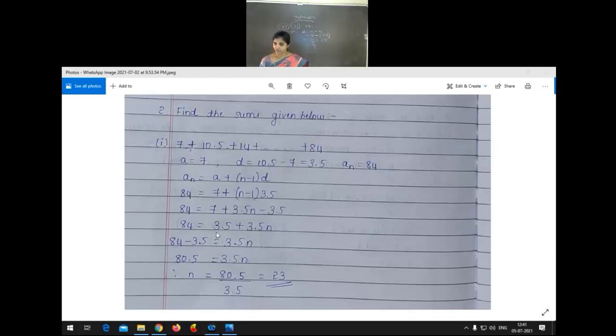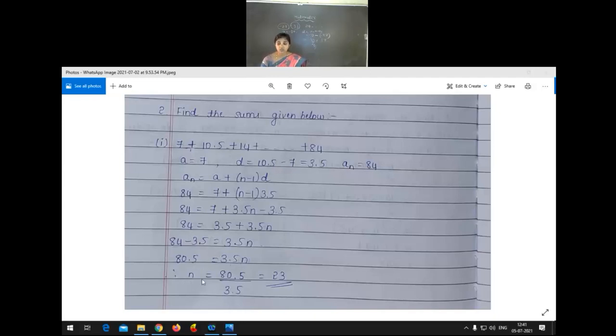These two are like terms. Then we transfer this 3.5 to this side. That is 84 minus 3.5 is equal to 3.5n. Then 84 minus 3.5 is 80.5, equal to 3.5n.